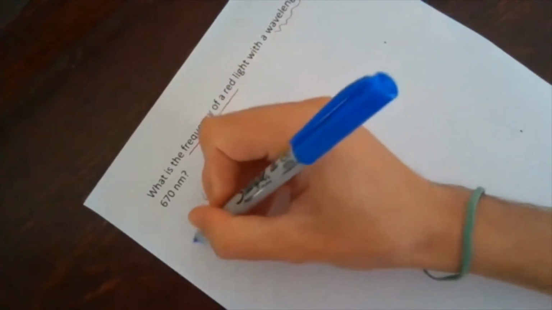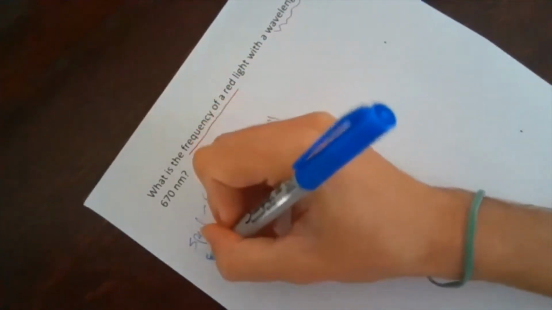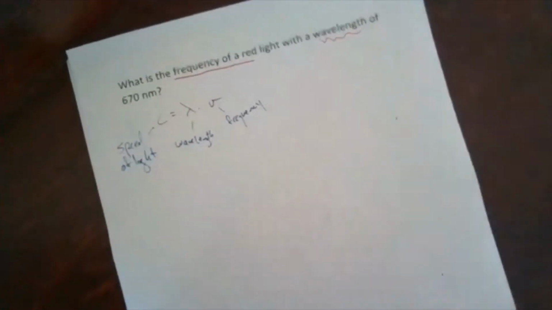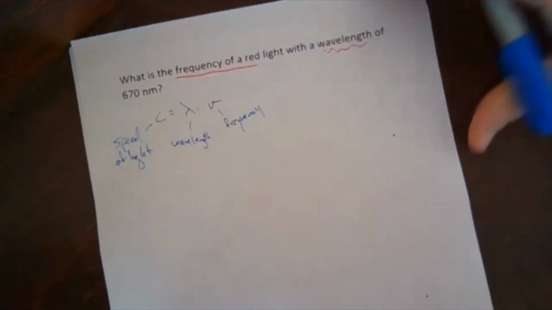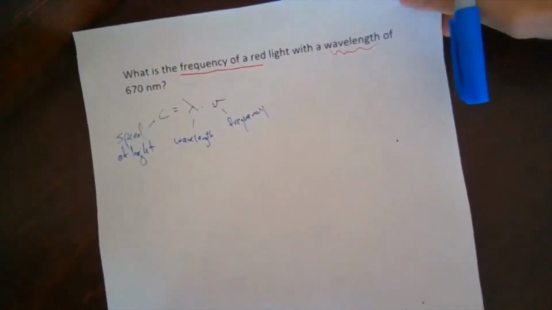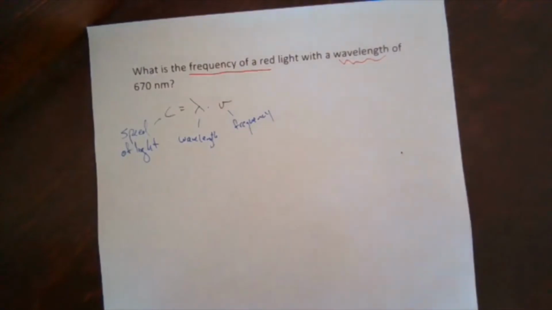And then c is the speed of light. So the speed of light is a constant. Wavelength and frequency are then variables which can vary, but are related by this equation.